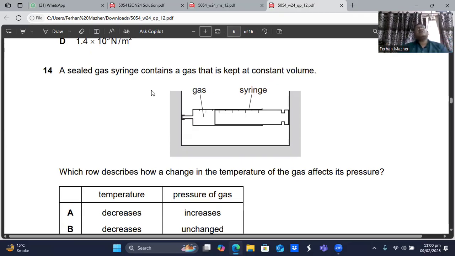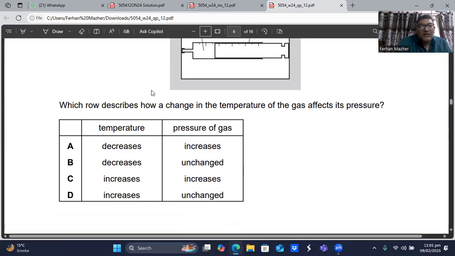The volume is constant here, and when the volume is constant, the pressure is directly proportional to the temperature. When you increase the temperature, the pressure of the gas inside that syringe should increase, and when you decrease the temperature, the pressure must decrease.